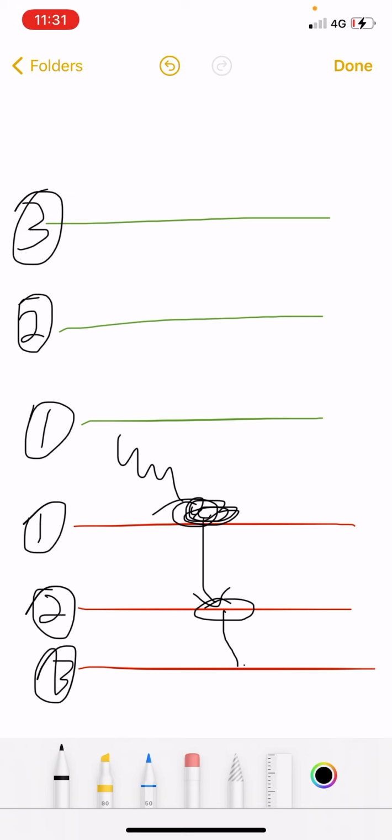This is my strongest support, and once the market touches this third support, it will bounce back from here and go up. So that is how my lines work.